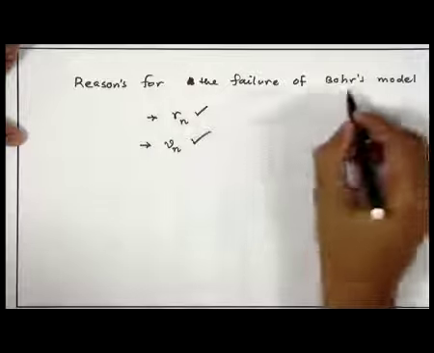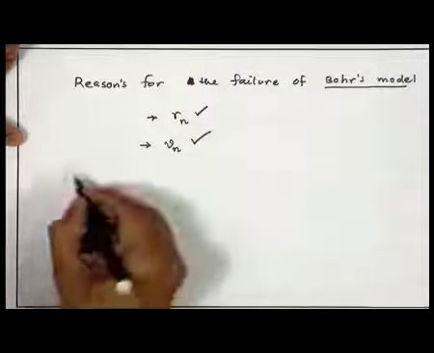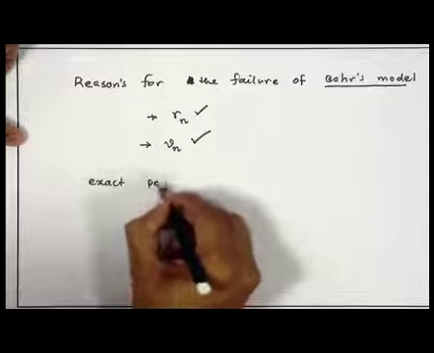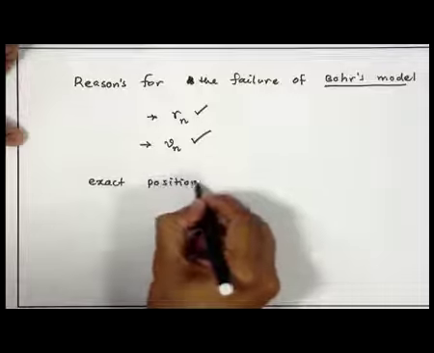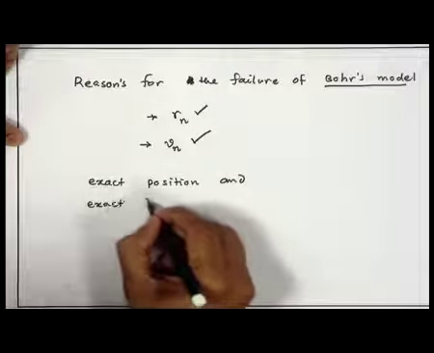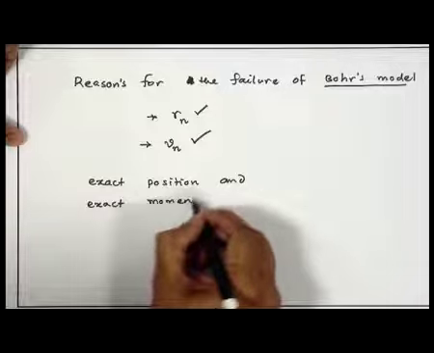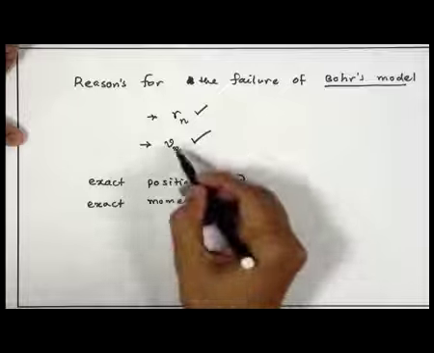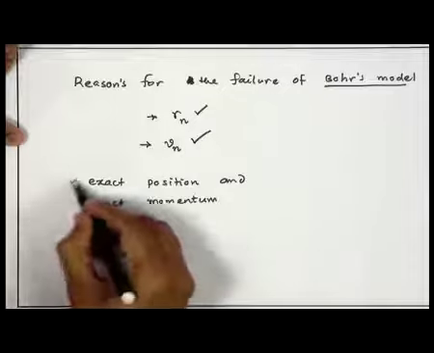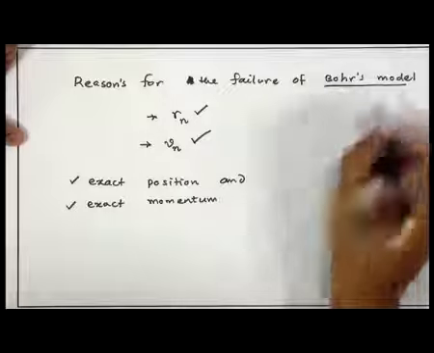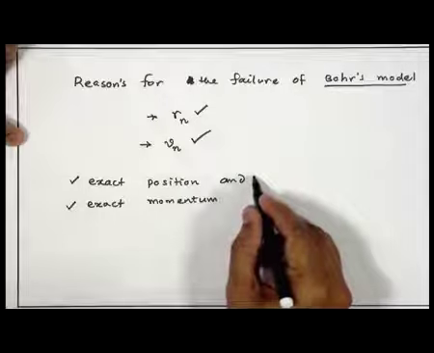So, what Bohr's model said is that it gave exact position and exact momentum, because we knew the mass of the electron and the velocity at the nth orbit.